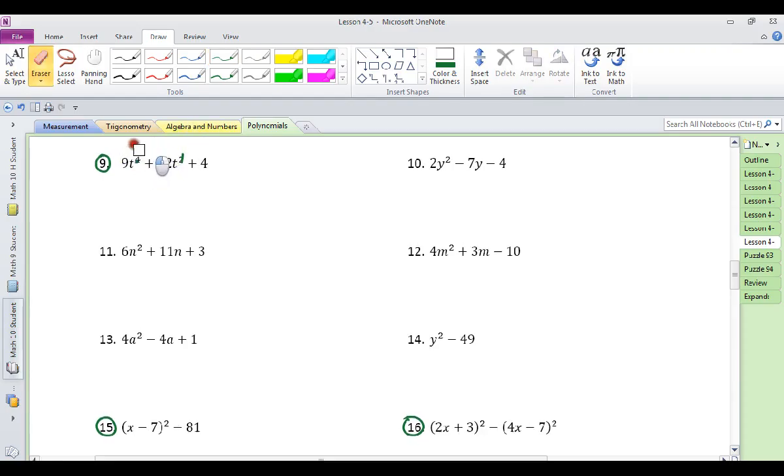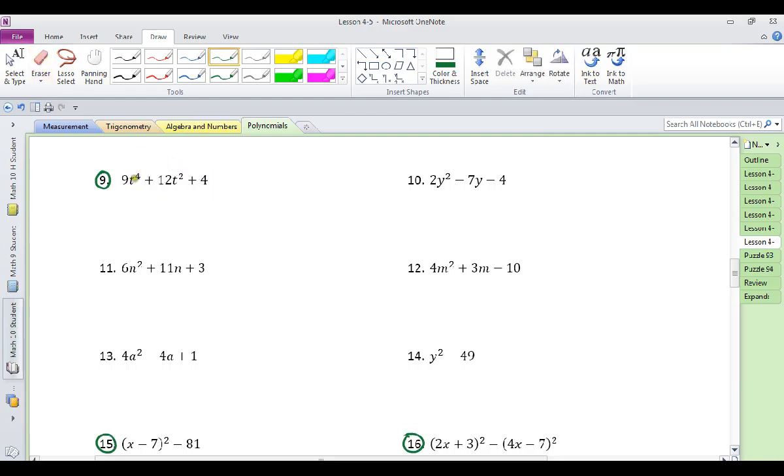Well, let's see what happens. 9 times 4, we got to multiply to 36, yes? And add to what? 12. Right? What is it? 6 and 6. Everyone agree? Everyone cool? Okay.